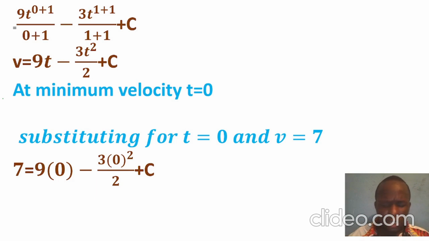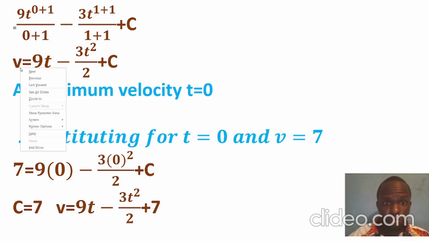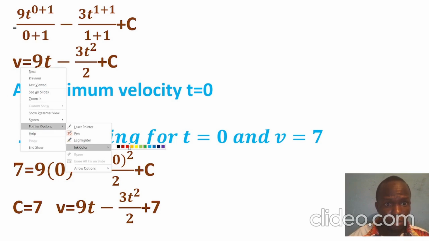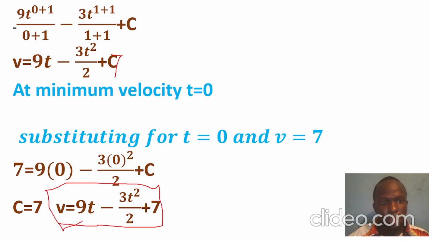After doing the substitution, the value of c is 7. Now we can comfortably replace the value of c with 7, and the expression is complete. That is the expression for velocity: velocity is equal to 9t minus 3t squared over 2 plus 7.